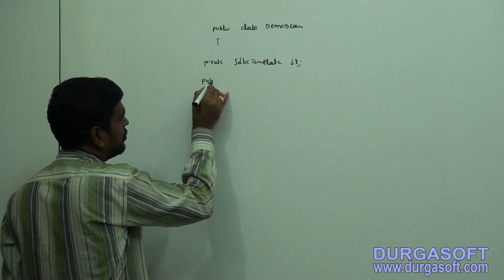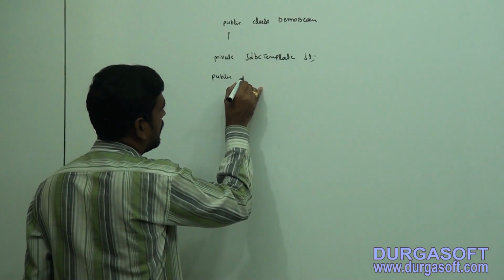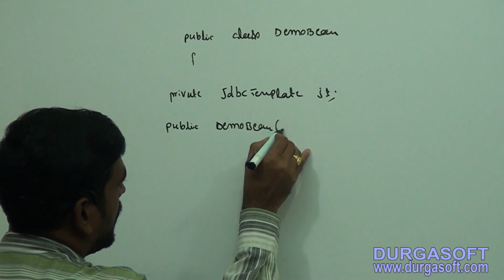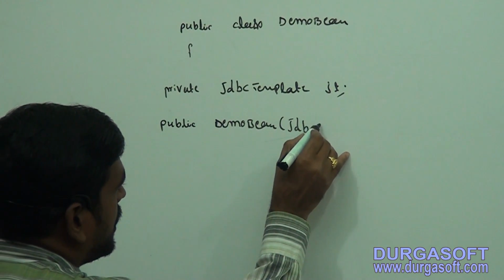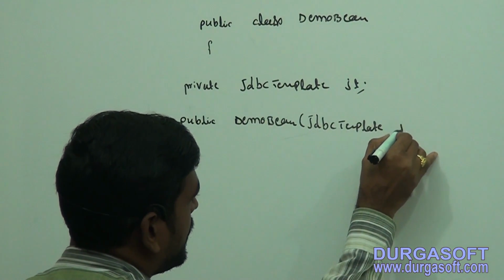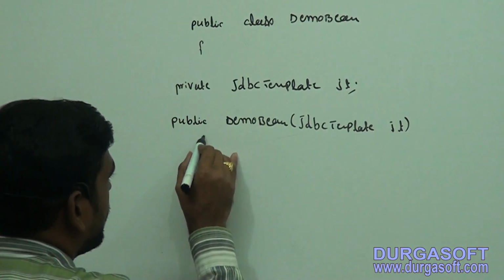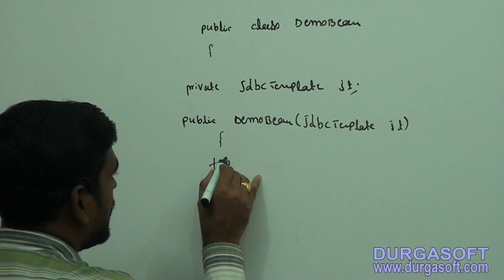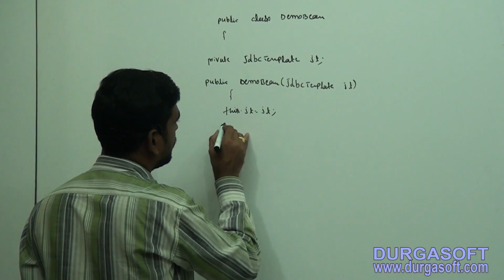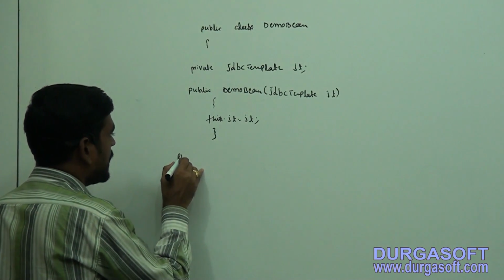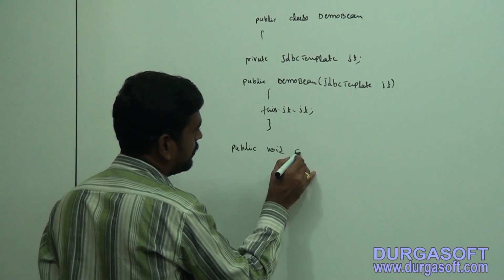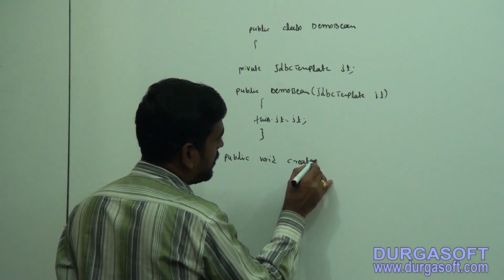Public DemoBean, under that JdbcTemplate jt. Now this dot jt is equal to jt. Now public void createTable.